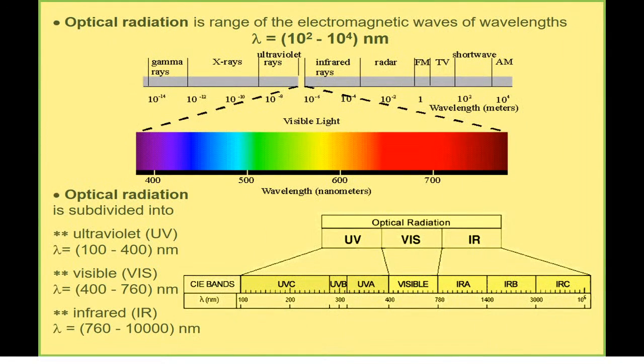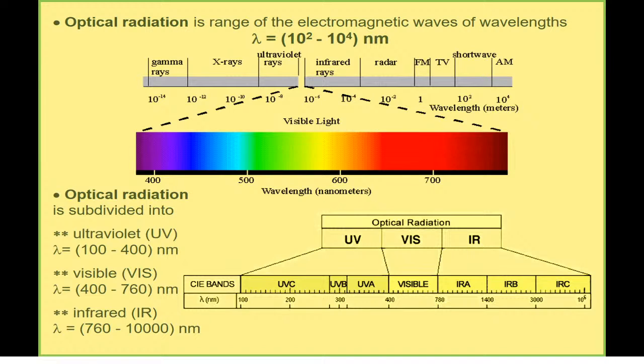And what is actually optical radiation? It is the range of the wavelengths of the electromagnetic waves, it will be better to say exactly, electromagnetic waves of particular certain wavelength range. What is that range? It is from 10 to the power 2 up to 10 to the power 4 nanometer.